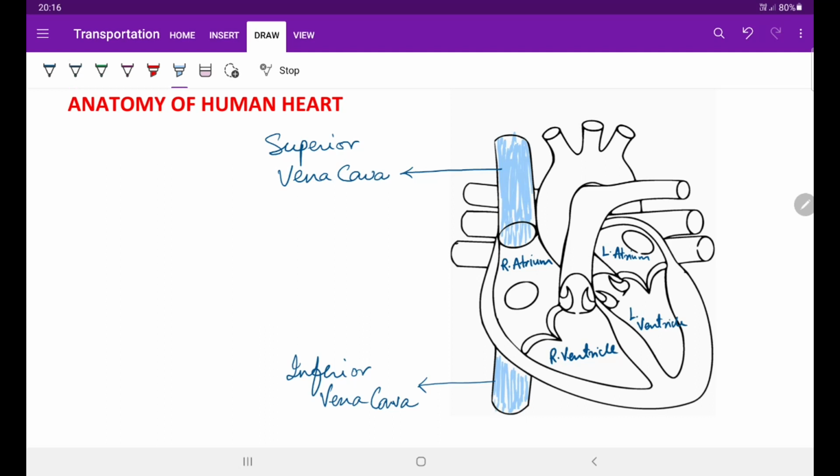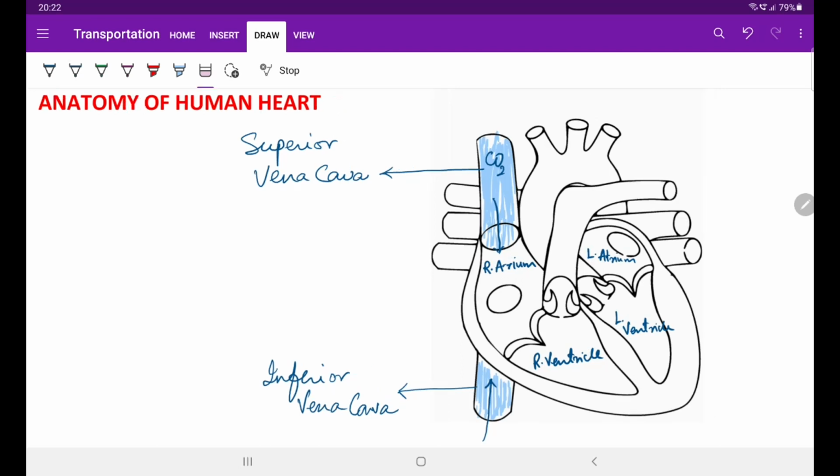Both these blood vessels empty their blood into the right atrium. And which blood do they carry? They carry the carbon dioxide rich blood coming from the different tissues of the body. Now the right atrium receives the blood and is filled with the blood.